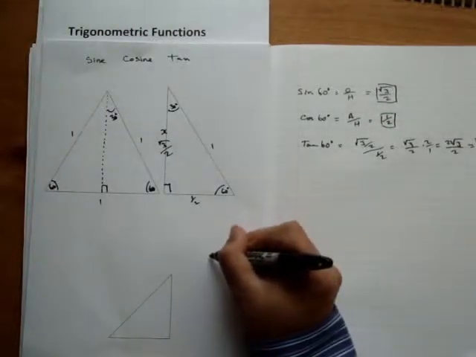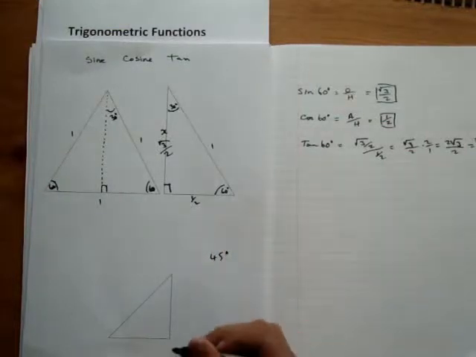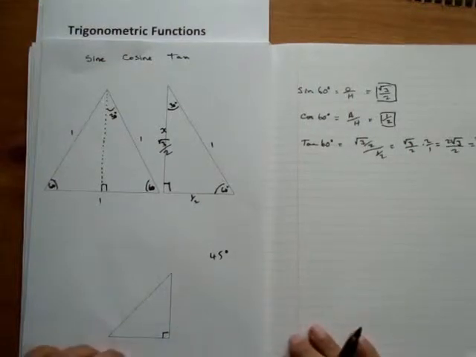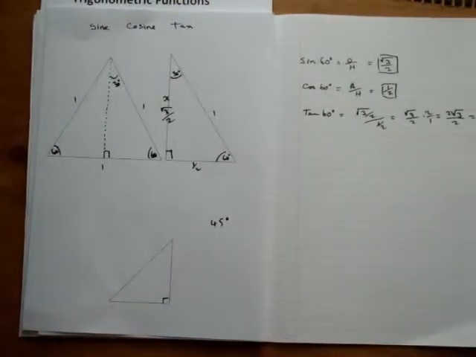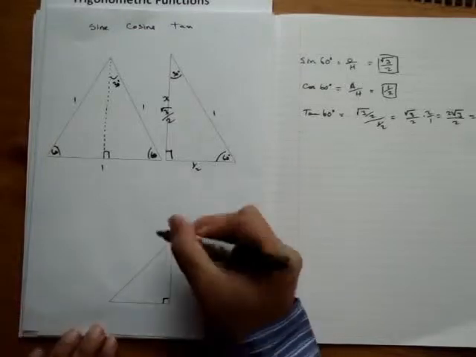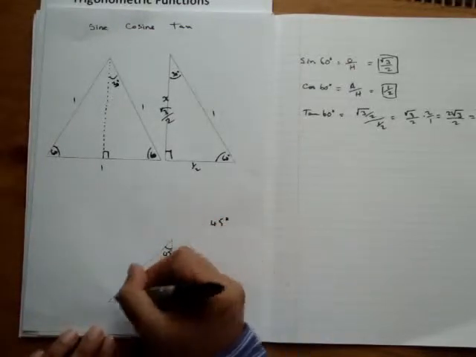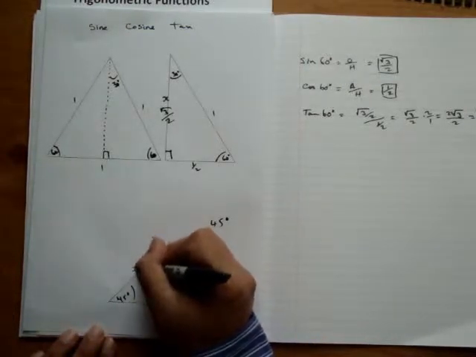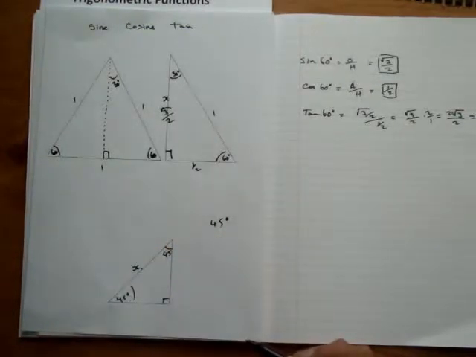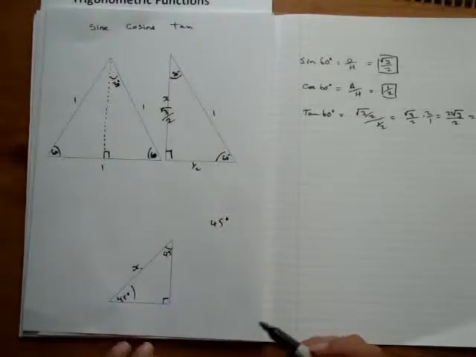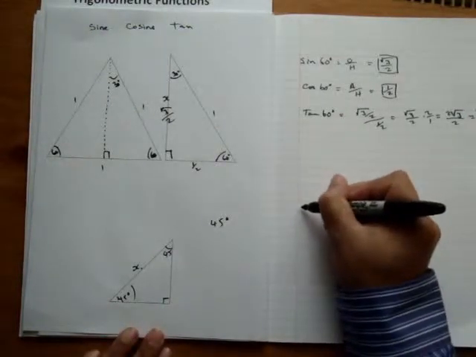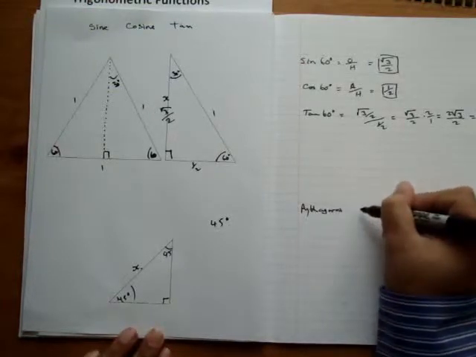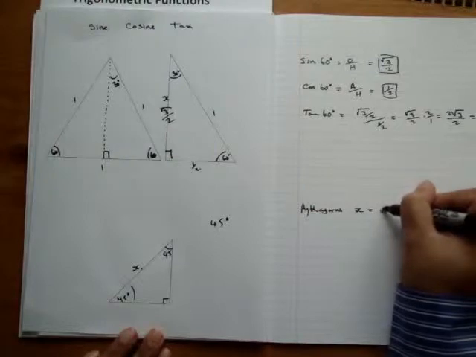Now let's have a look at 45 degrees, a right angle triangle. Let's move this up a little bit so you can see. So, right angle triangle, 45 degrees, 45 degrees, and x. So from Pythagoras, x is the square root of 2.